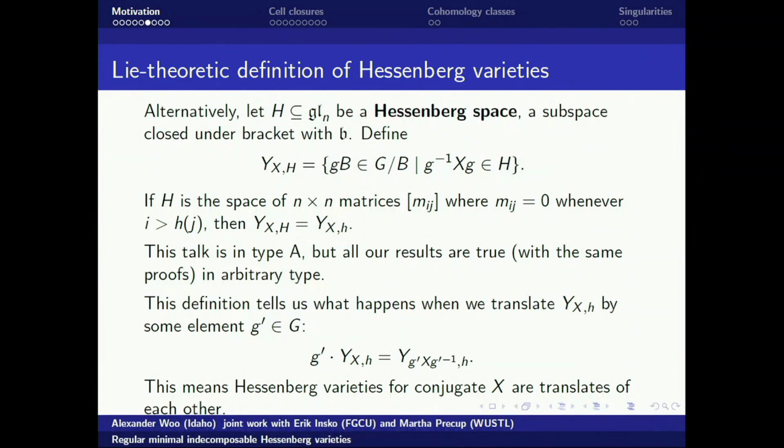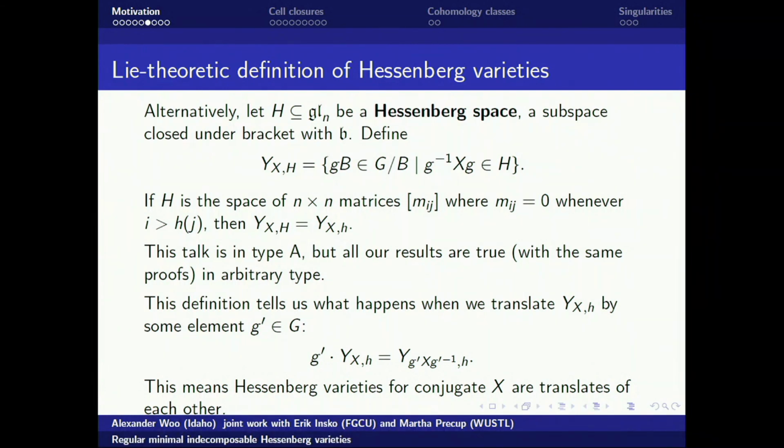So I'm going to do everything in this talk in type A, but people who have read this and understand what other types are can just basically figure out how this all works in other types, and almost all of the talk has a type 3 proof.